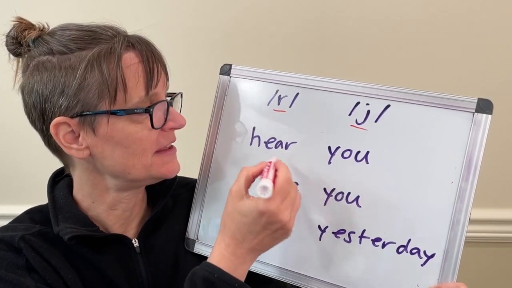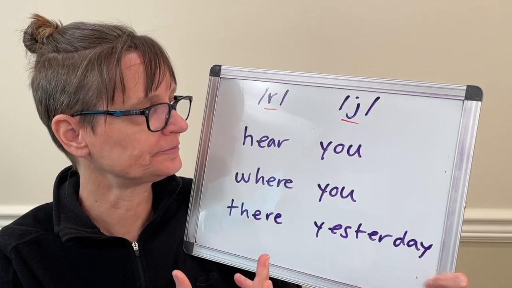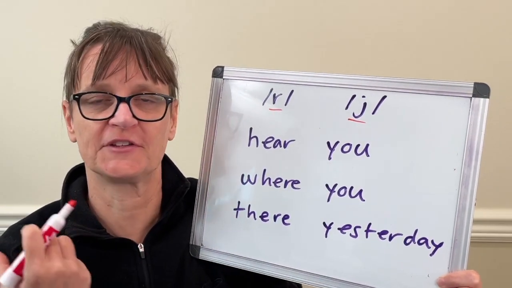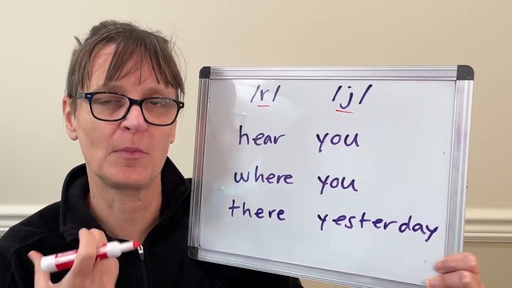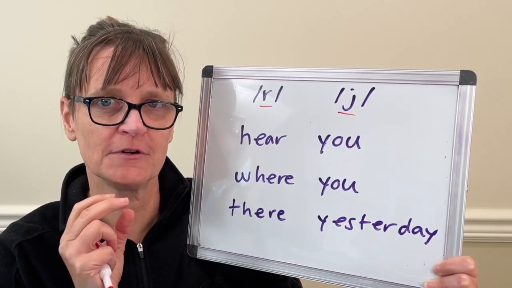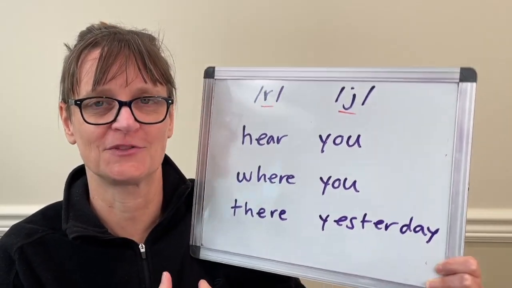We're still going to say the ear, air sound the same way, and we're going to say the Y sound the same way. But the viewer requesting this video probably has a challenge moving from R to Y, so let's talk about that and give you some examples you can practice with.